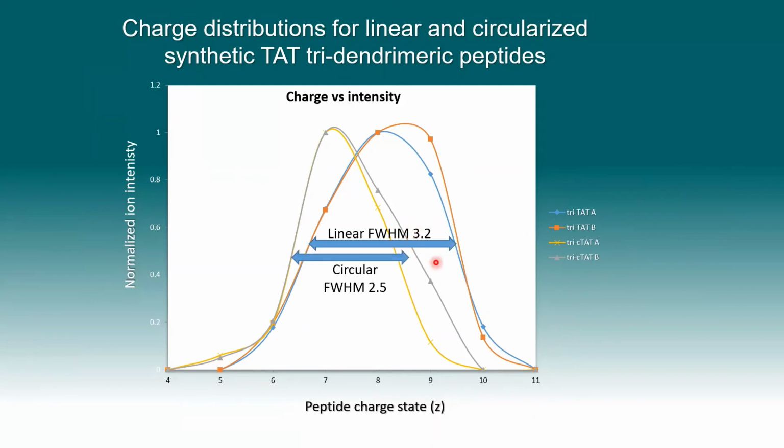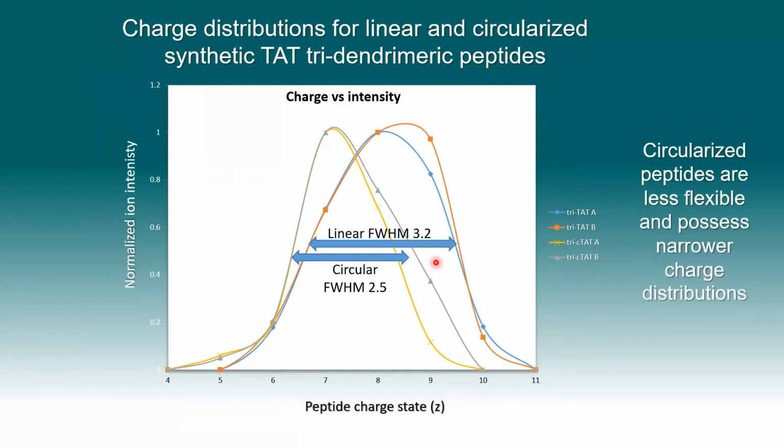Compare this to the circularized peptides, which are less mobile. They have a full width half maximum of 2.5 charge units. So circularized peptides are less flexible and they possess narrower charge distributions.